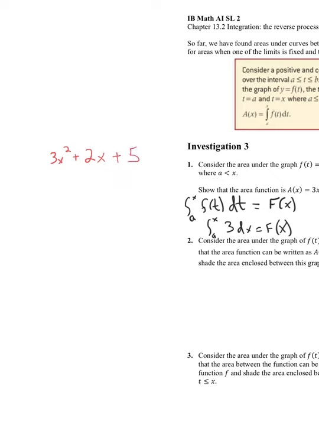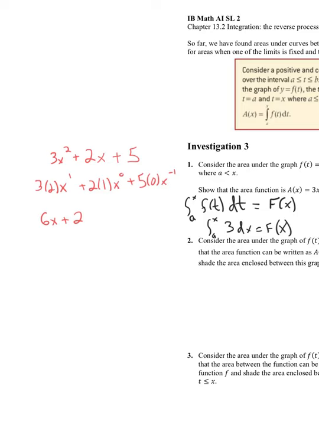Let's take the derivative of that. We would say 3 times 2, x to the first, plus 2 times 1, x to the 0, plus 5 times 0, x to the negative 1. That simplifies to 6x plus 2, and everything else goes away. That's how we talked about doing derivatives before.